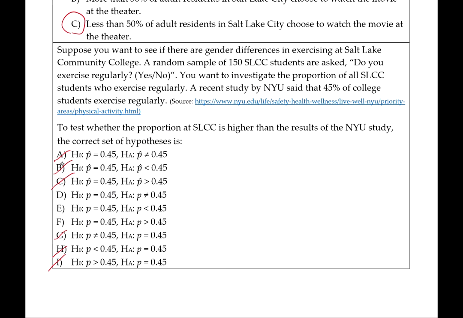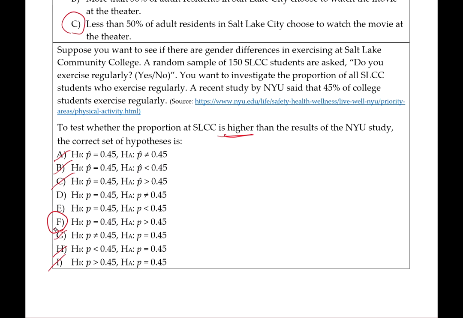So we're down to only 3 possibilities. The null hypothesis has P equal to the claim value of 0.45. The alternative hypothesis, again, is based on the wording of the question. We want to test whether the proportion is higher at SLCC than that 0.45 result of the NYU student study. And so therefore we're going to choose F, which is the one that has the greater than symbol in the alternative hypothesis.